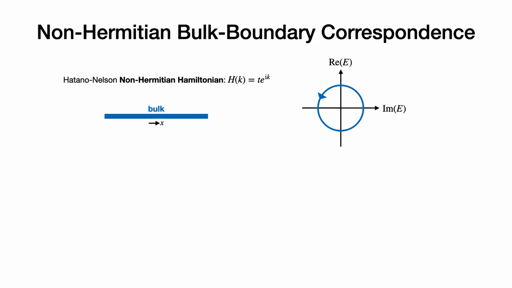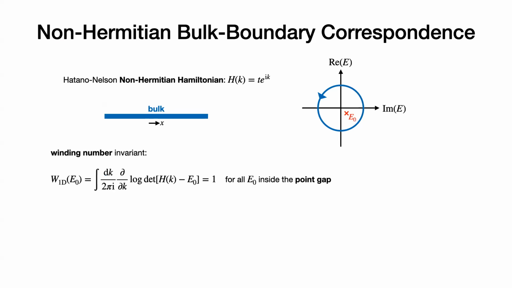I'm showing the bulk on the left-hand side as a 1D chain, and it corresponds to some bulk states that are along a circle in the complex plane. Now you can define a winding number invariant for this bulk, which is basically just calculating the winding around some reference energy E0 of the spectrum. Note that this is a spectral invariant. Normally in a Hermitian system, topological invariants are invariants of the eigenstates, not of the eigenvalues.